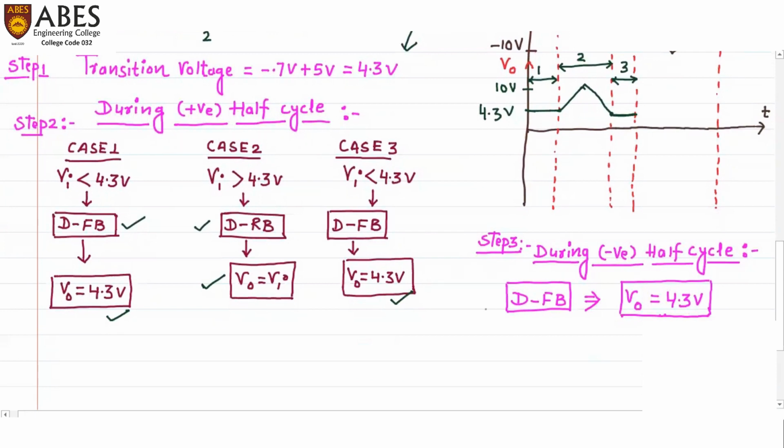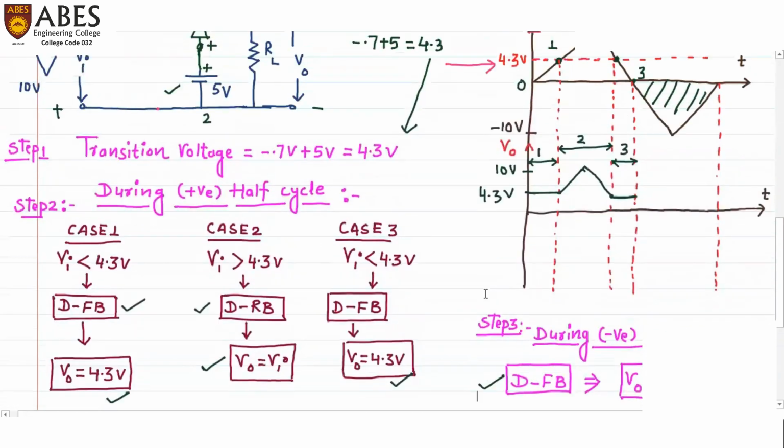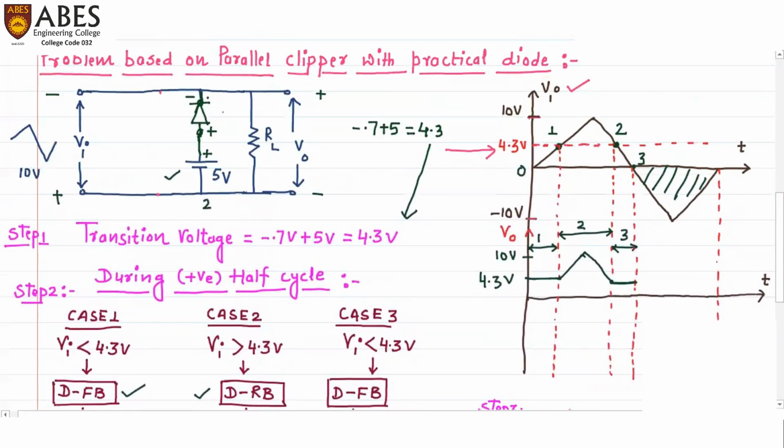In step number 3, the diode will be forward biased. And if the diode is forward biased, it will behave like a short circuit. Here the voltage across the silicon diode will be 0.7. So now we need to calculate V naught.